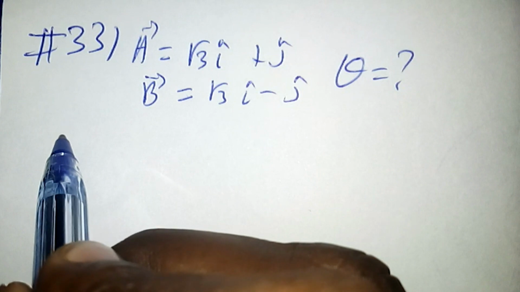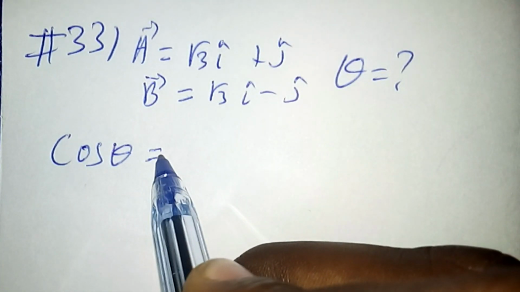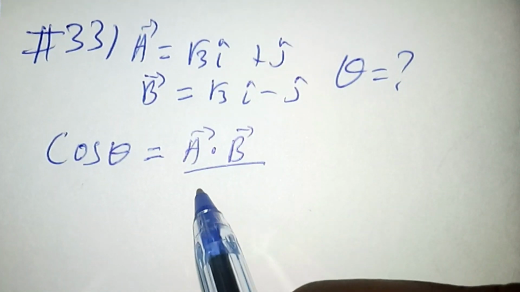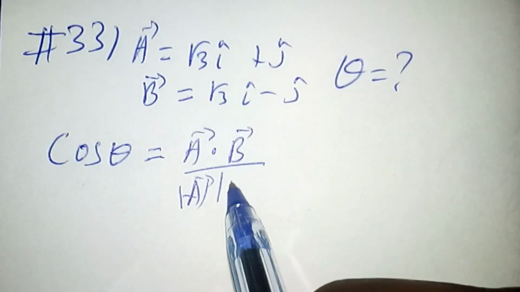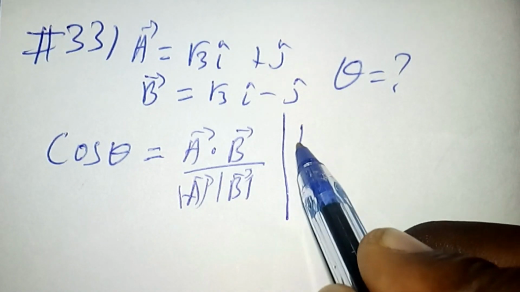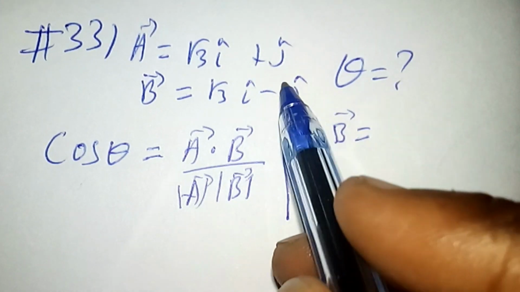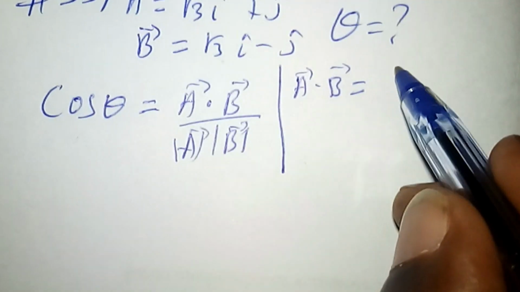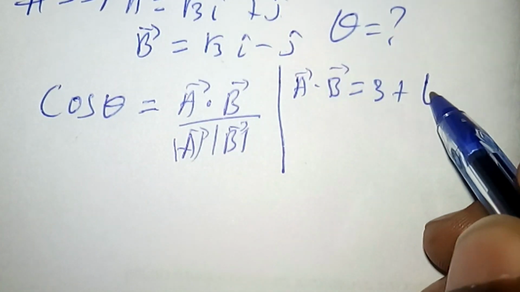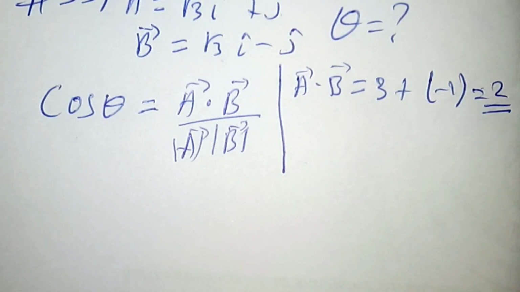To do this, we can use the concept of the scalar product, which says cos theta is the scalar product of A and B divided by the magnitude of vector A and the magnitude of vector B. The scalar product of vectors A and B equals radical 3 times radical 3, which is 3, plus 1 times minus 1, which is minus 1, and this gives us directly 2.